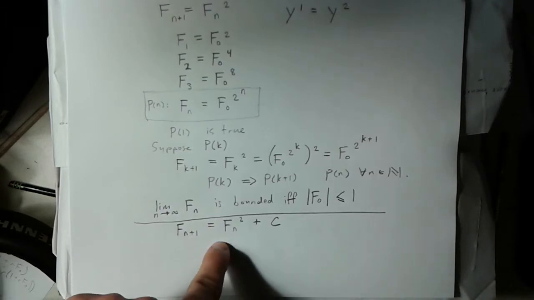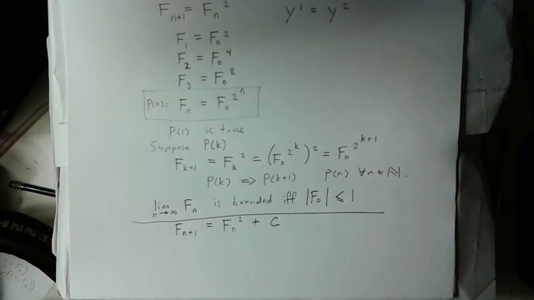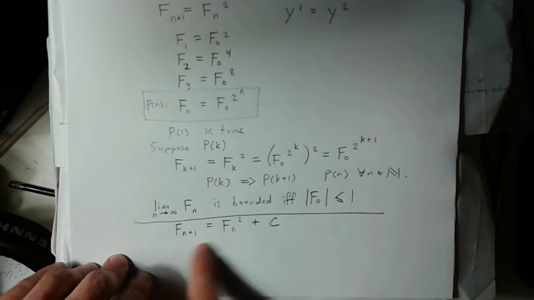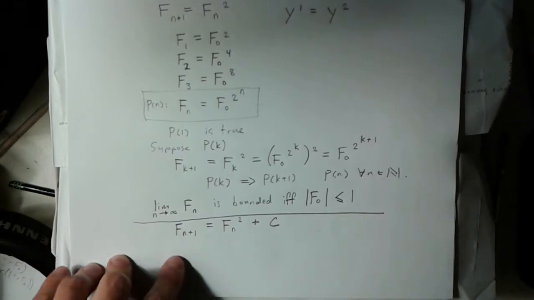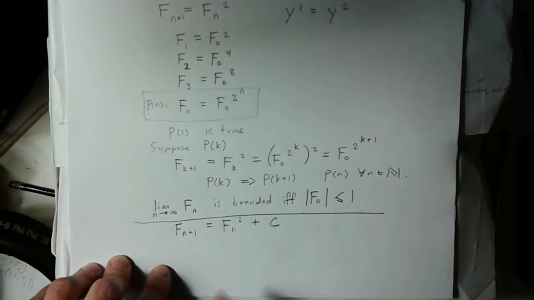You'll see that the only time you can solve this is when the constant is 0. But I'm not sure if there is another way to solve these. There is such a thing as a sequence that doesn't have a way to solve it, so I'm not too sure about that.